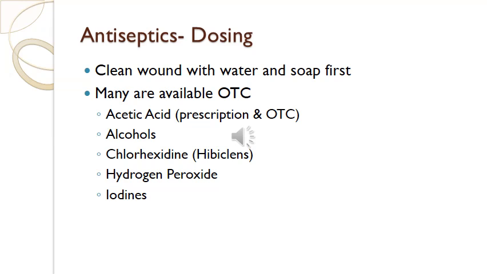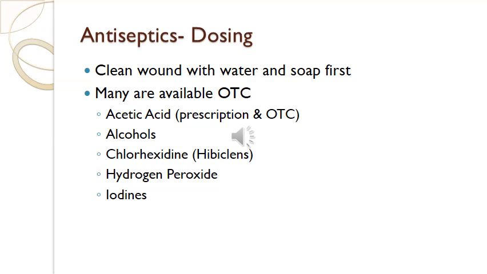Some of the over-the-counter antiseptics that can be utilized include acetic acid, alcohols, chlorhexidine, which is Hibiclens, and a lot of times they will recommend utilizing Hibiclens to prevent MRSA infections in wounds, hydrogen peroxide, and iodines. A lot of these, again, are irritating to the wound bed.